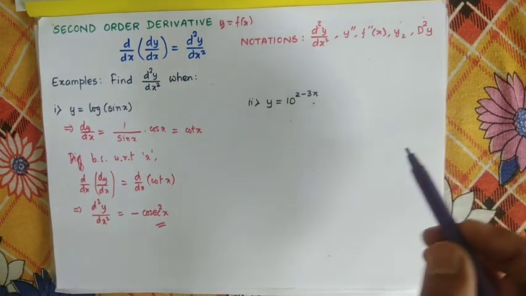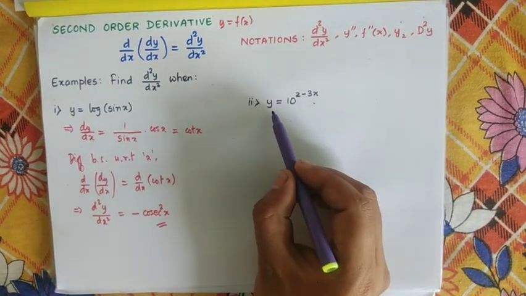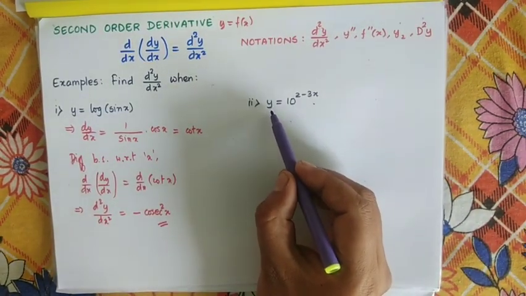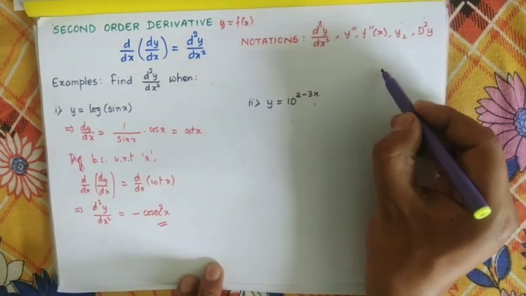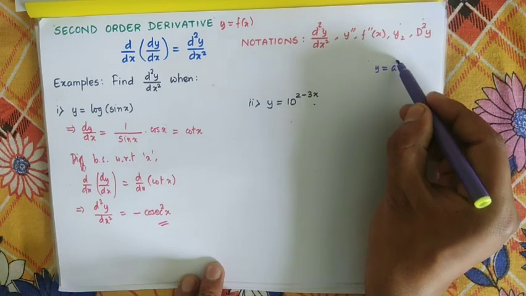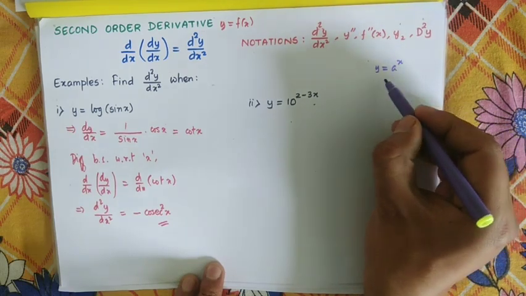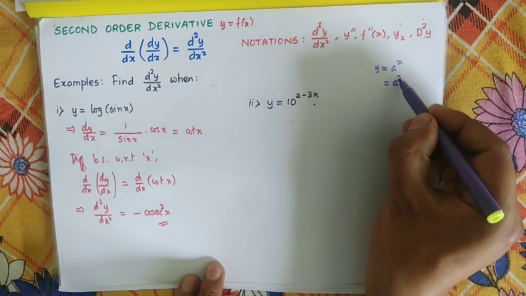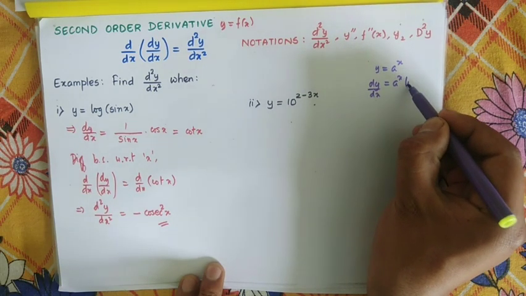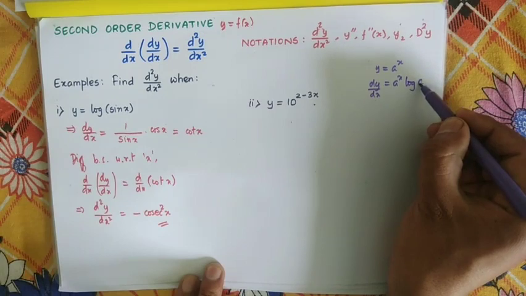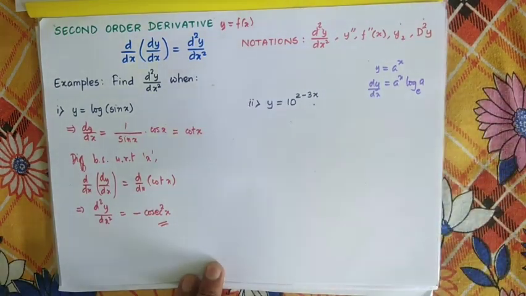Okay, so the next problem is we need to find second order derivative of this function. Okay, so I hope you know what is the derivative of a to the power x. It is how much? It is a to the power x, dy by dx will be a to the power x log a with base e, right?